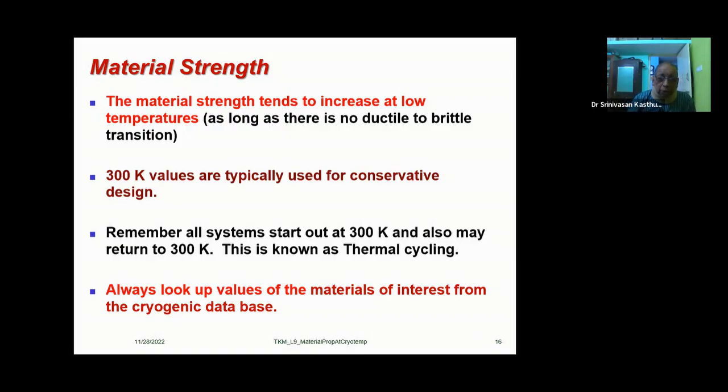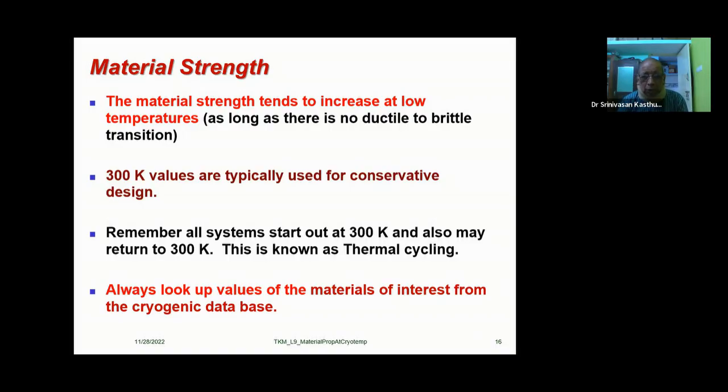So that means you are going to use that system for, for example, supporting something. The material strength is very important for that. For such cases, using the 300K values will make sure that you have better performance at low temperature.